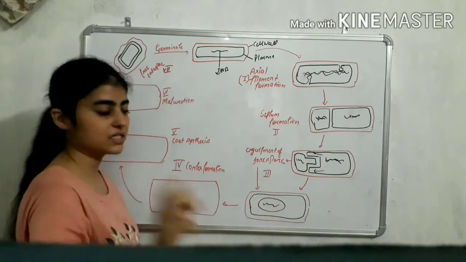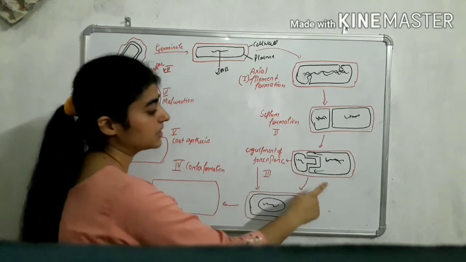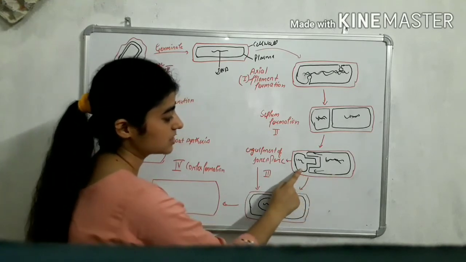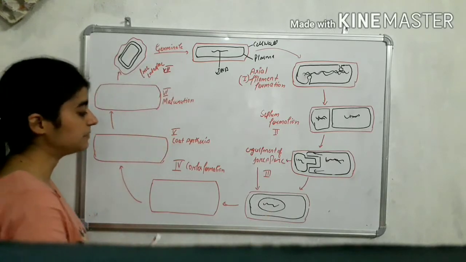Now here two membranes are present. The first membrane is this one, and the second membrane is this one. Remember these two membranes. Now what will happen?